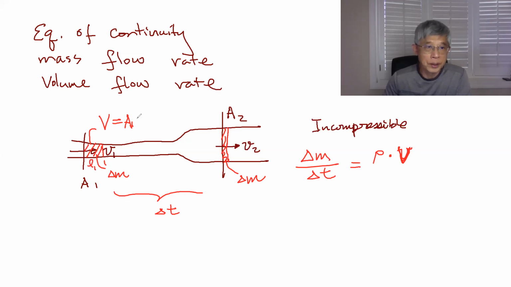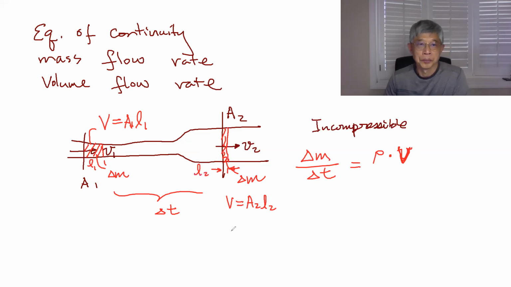So V is equal to A1 times L1. The V shouldn't change too, right, because it's incompressible. So the V here is equal to A2 L2, right? So this is L2 right there. That's your L2 there. Okay?